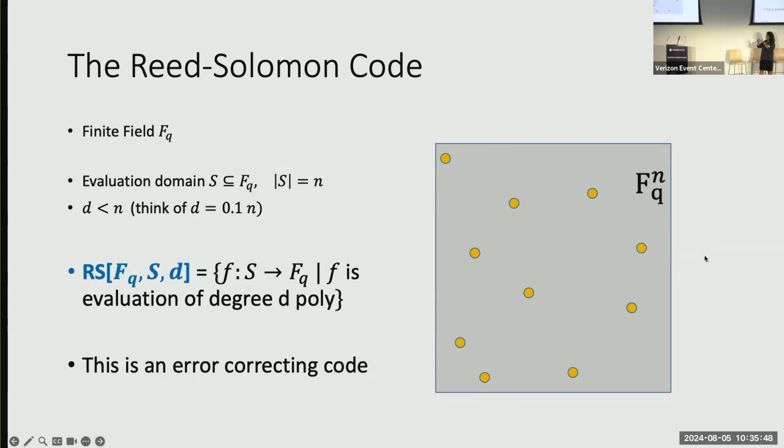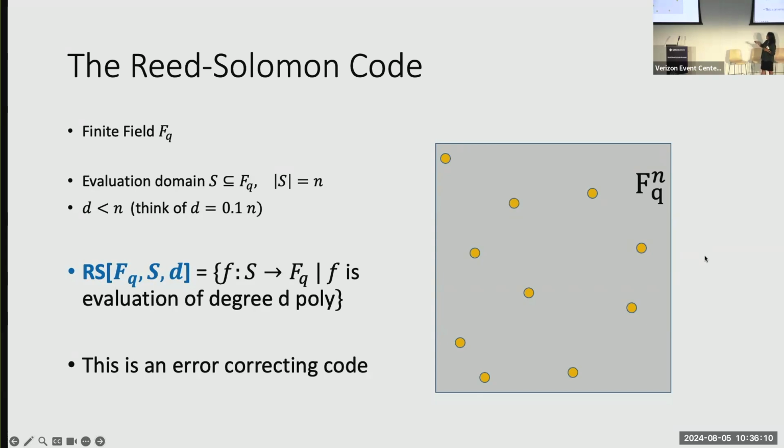And so the set of all low degree polynomials, if you identify them as a particular set of vectors in FQ to the n, this forms an error correcting code. Just because two distinct degree D polynomials can't agree, they can agree in at most D locations. Any two distinct polynomials, their sets of evaluations are far apart. So it gives you an underlying code.